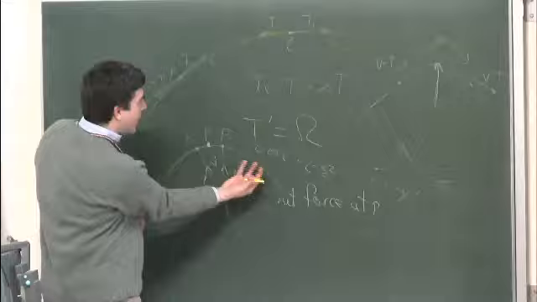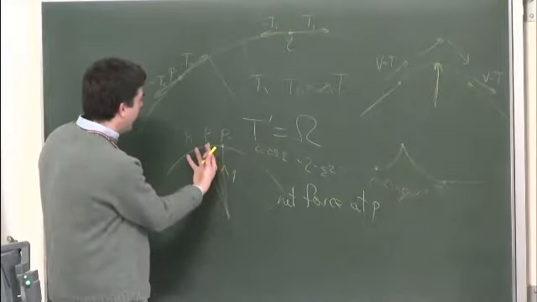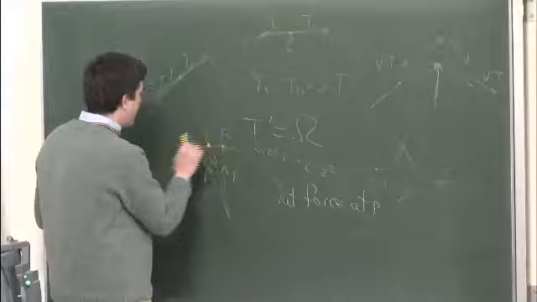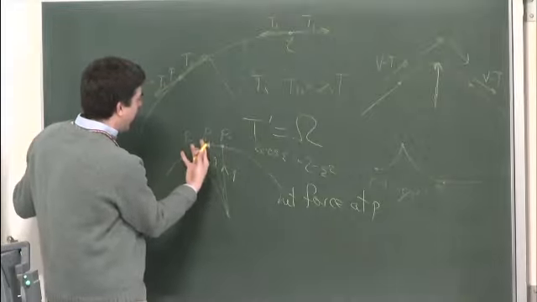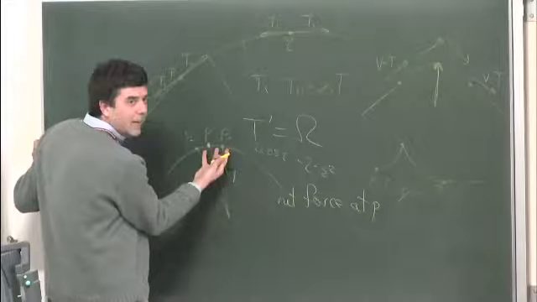If I have a bunch of these triple struts, I call this a triple strut. So if I have a bunch acting, the one acting on these 3 points will touch P, the one acting here, and the one acting here.